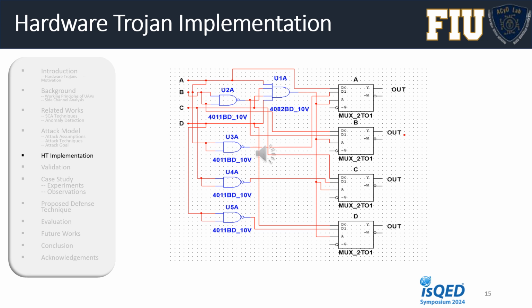You can see here we have 4 NAND gates, 1 AND gate, and 4 multiplexers for each of the inputs. So whenever a signal of 1011 is sent through, it would flip the values for the multiplexers. So it would disrupt the operation of the UAV while it's in flight.